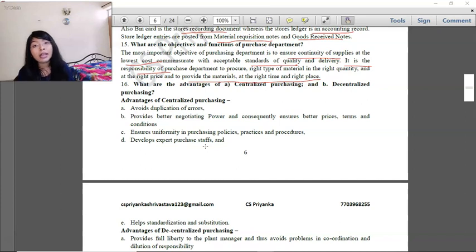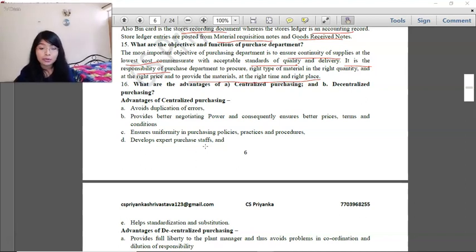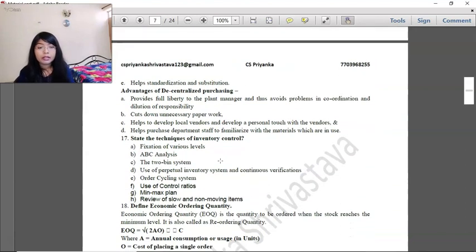But if there are n number of people involved in the same thing, there might be a possibility that one or two might not be following the same policy and procedure. And you will be following standardization; the standardization process that is required will be followed in case of centralized purchasing.